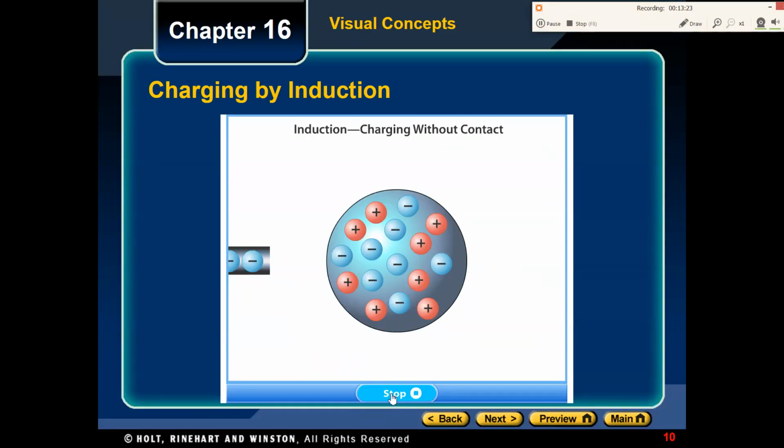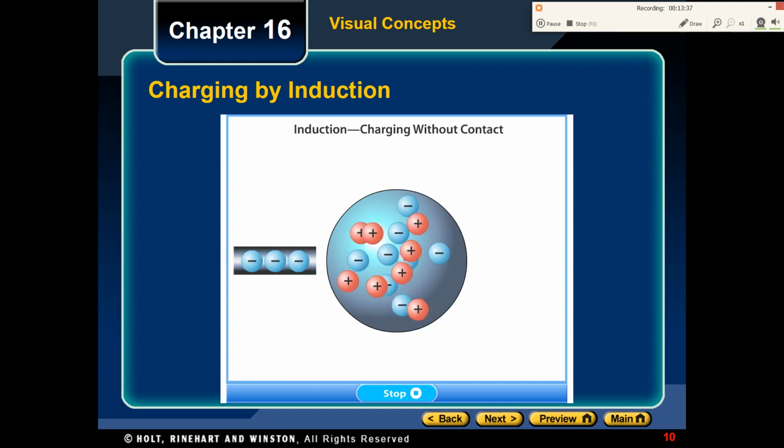Under certain circumstances, an object can become electrically charged without ever touching another electrically charged object. The process is called charging by induction. Induction occurs when a charged object, such as a rubber rod, is brought close to a neutral object, such as a metal sphere.